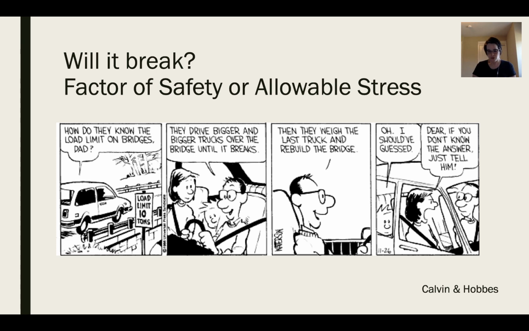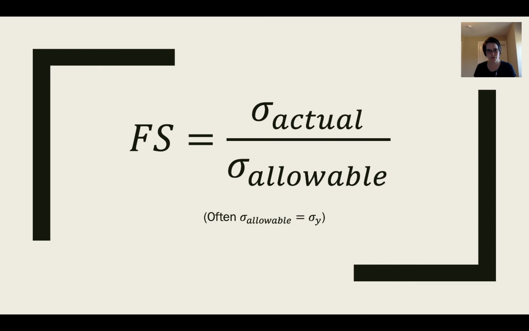But one of the tools that's an important predictor in this is something called the factor of safety, or sometimes in the Hibbeler textbook it's called allowable stress. The factor of safety is defined as the actual stress divided by the allowable stress. So the allowable stress is based on the material properties.